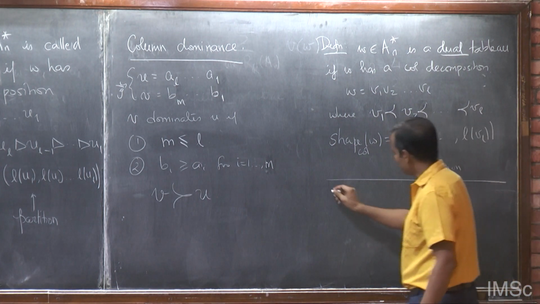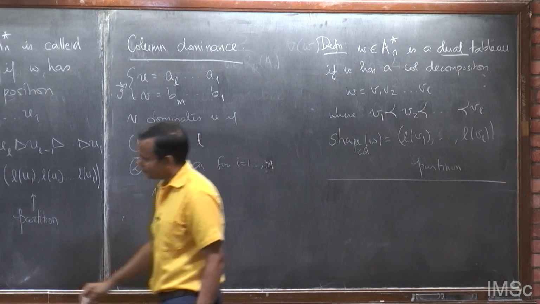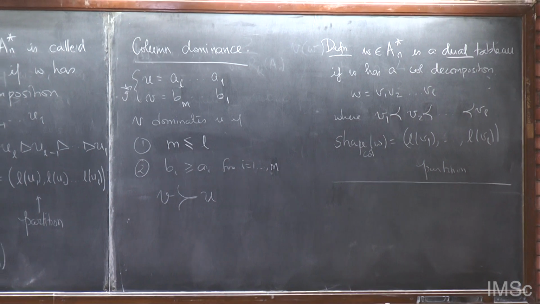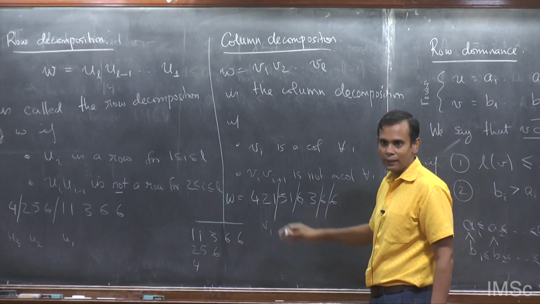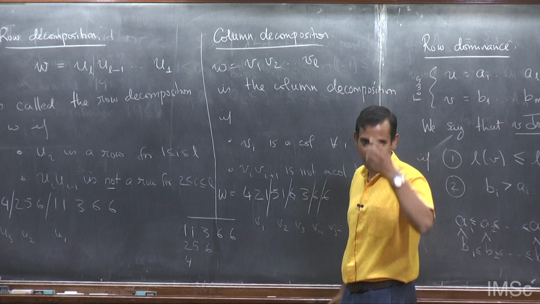So, the example is here: 4 2 1, 5 1, 6 3 6 6. This word is a dual tableau. So this word is a tableau, and this word is a dual tableau.